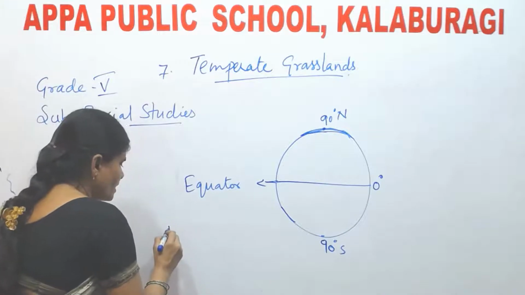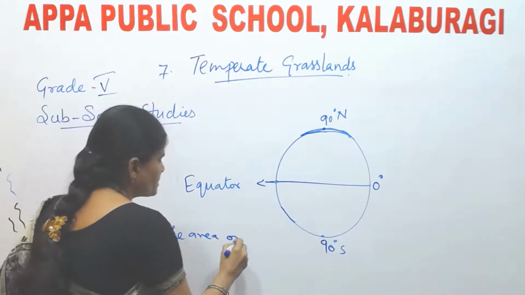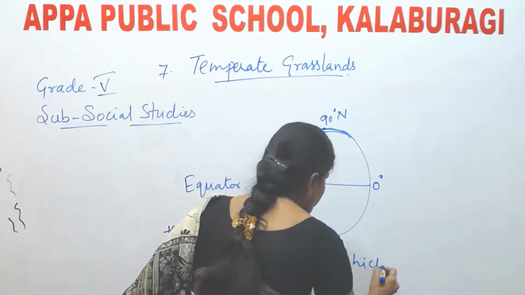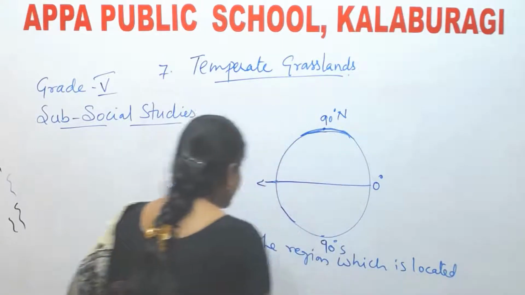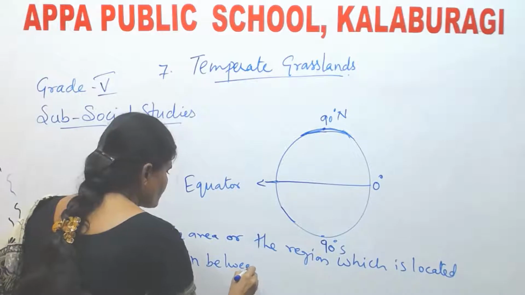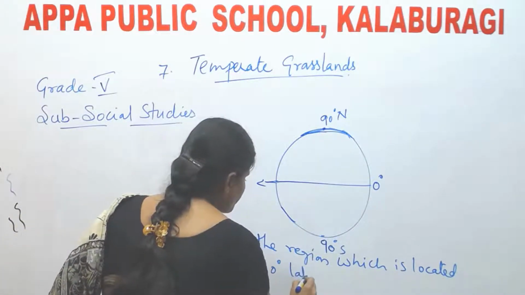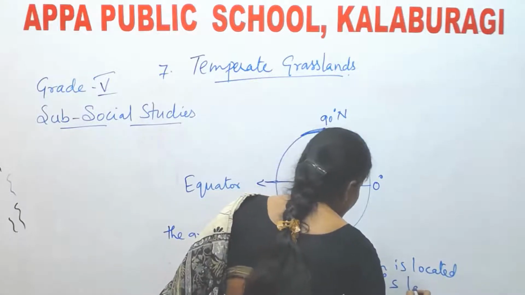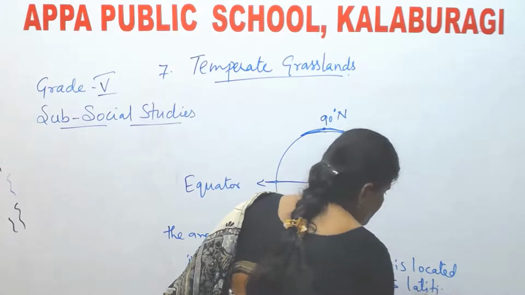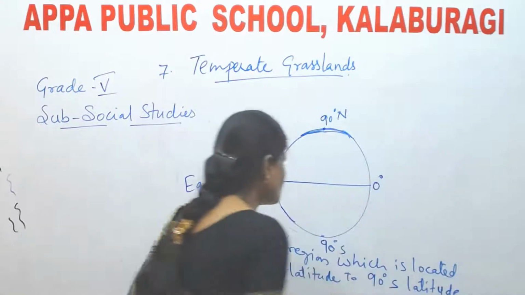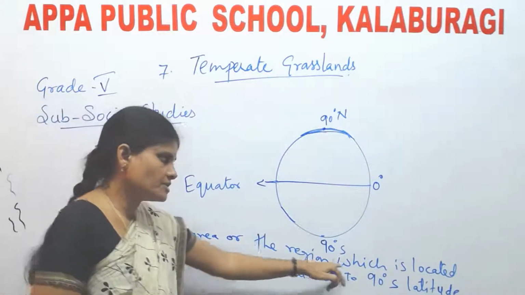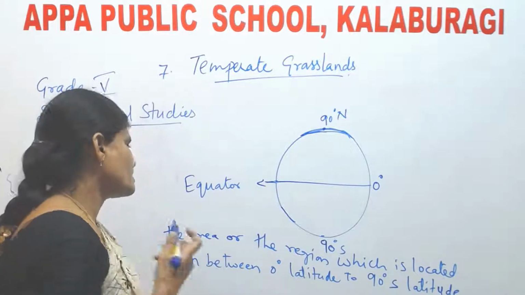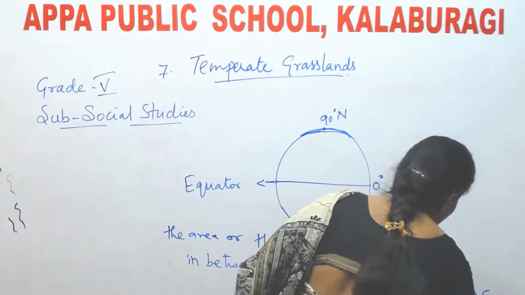The region or the area which is located in between 0-degree latitude to 90-degree south latitude is called the southern hemisphere. It is called the southern hemisphere.